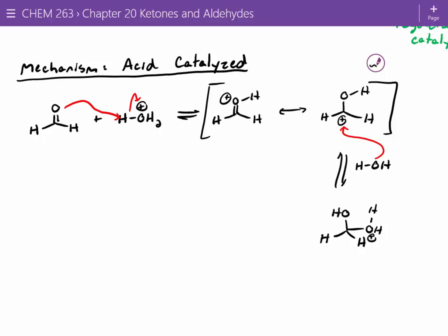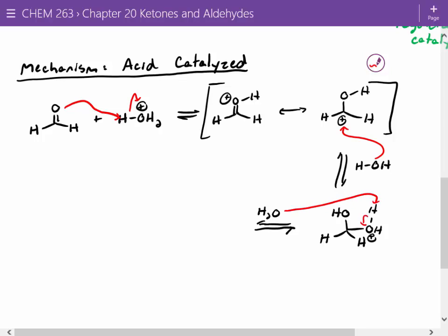Now that oxygen has a positive charge. And then if there's still water floating around, the water can act as a weak base. Grab this proton, and we end up with our final hydrate.